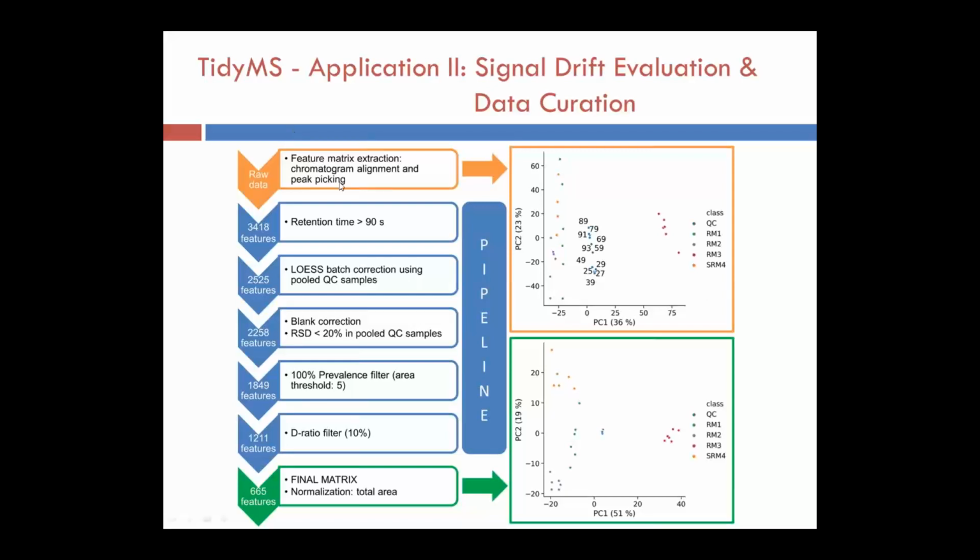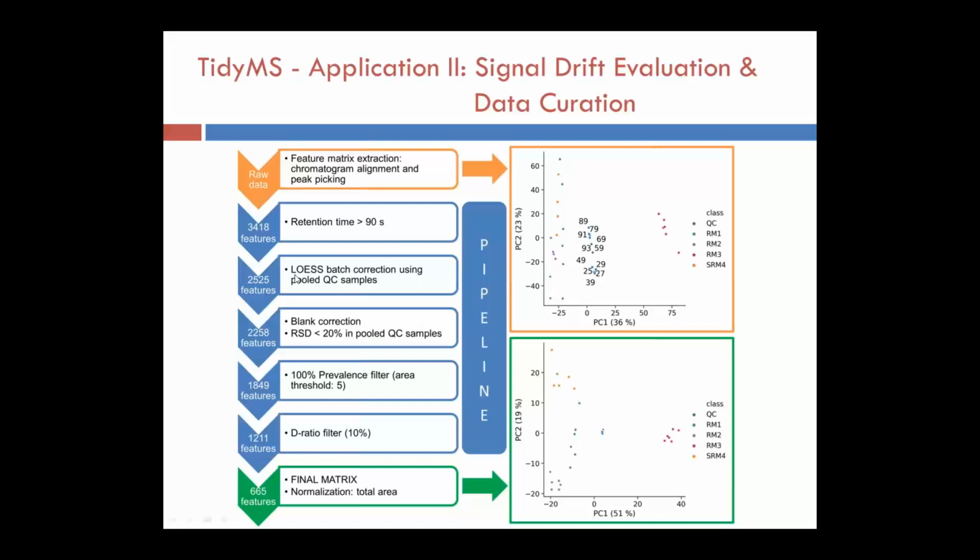And so the first step that we applied in the pipeline was to remove features that would elute at a retention time close to the dead time of the system, in order to avoid including features that would suffer from ionization suppression due to the short elution time.